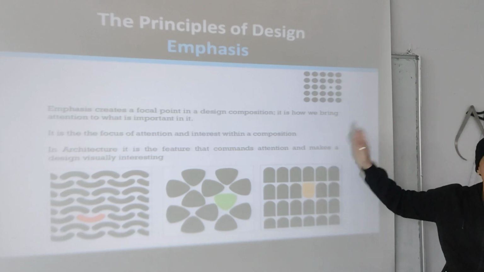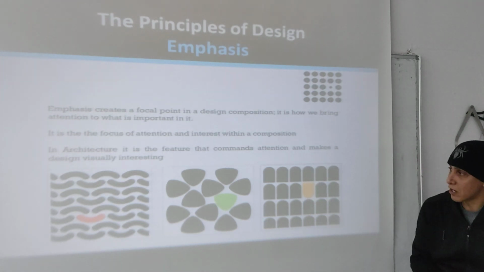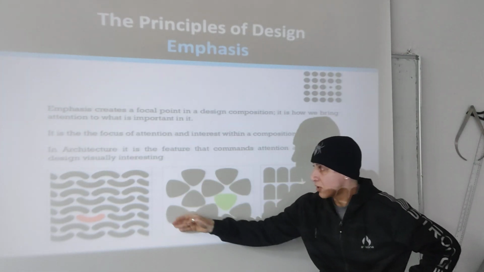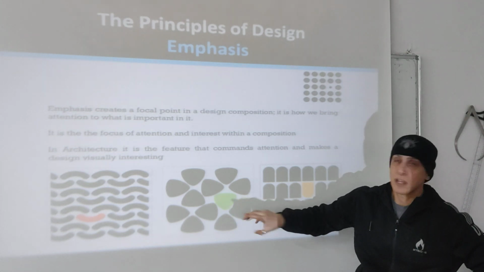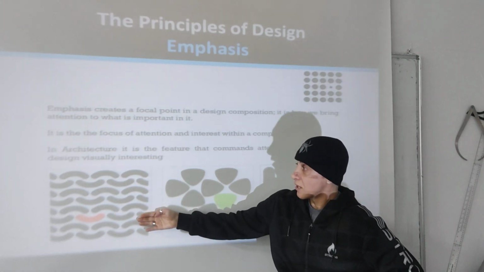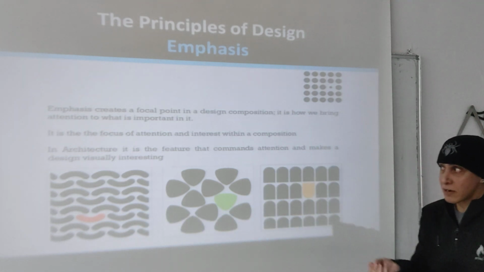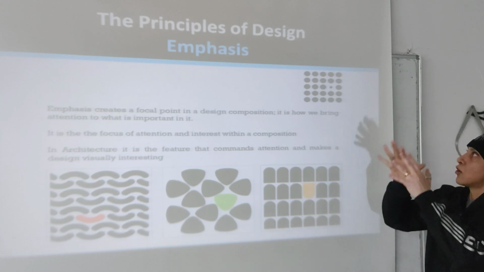But even if it's not rotated, it's the same. So your eye goes here. Here the same shape. Repeat, repeat, repeat. Just the color changes, okay? It creates emphasis. Here the same, okay? So color is a very strong element of design to use to create emphasis in a composition.